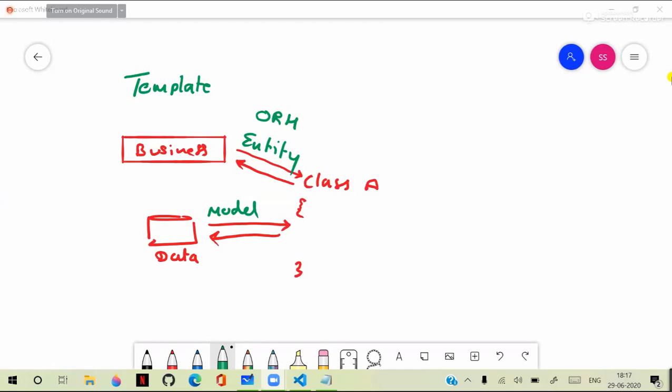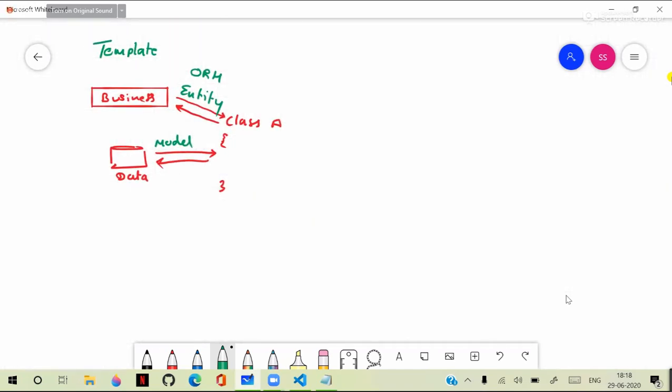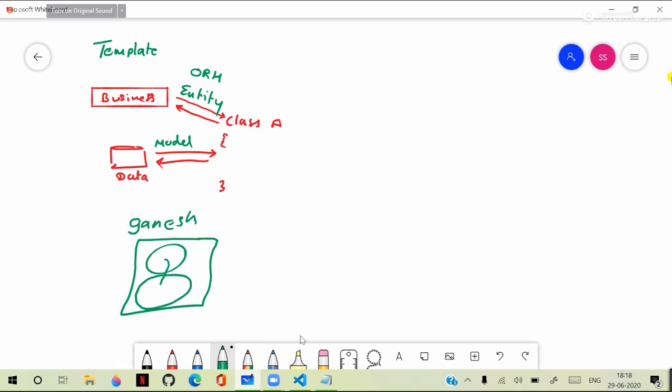For example, if you don't know what a blueprint is, everybody may have some awareness of it. Suppose we have a Ganesh idol engraved in a wooden frame.